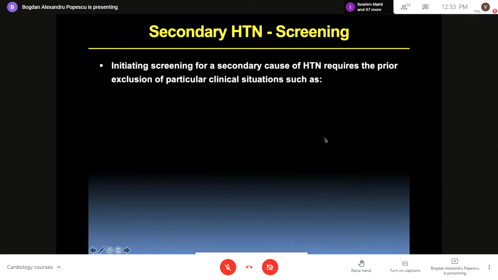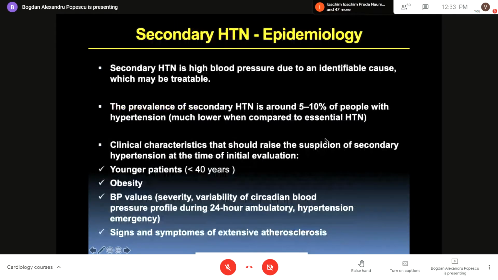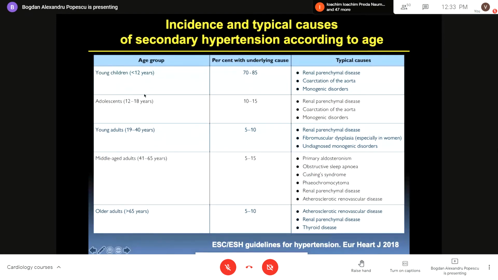So you can see here that, for example, depending on the age group, the percent of hypertensive cases with an underlying cause may be very different.